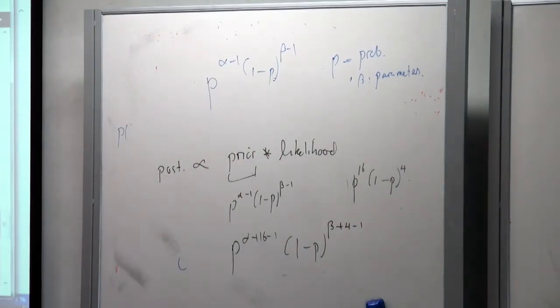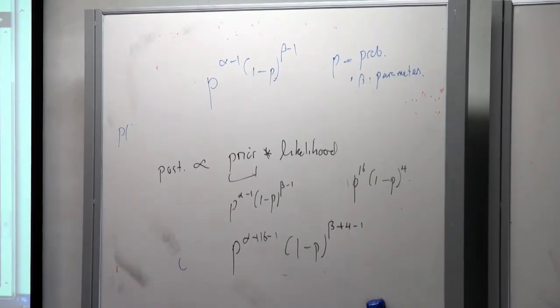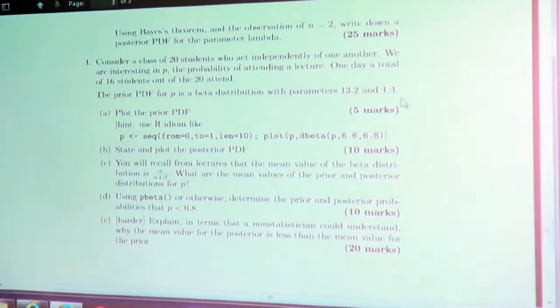Determine the prior, state and plot the posterior PDF. So it's that 13.2 plus the 16 and 1.4 plus 4.